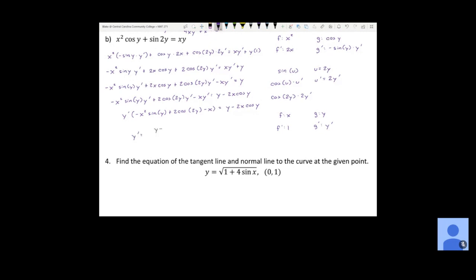We have our y minus 2x cosine y in the numerator over negative x squared sine y plus 2 cosine 2y minus x in our denominator. Any questions on part B now?